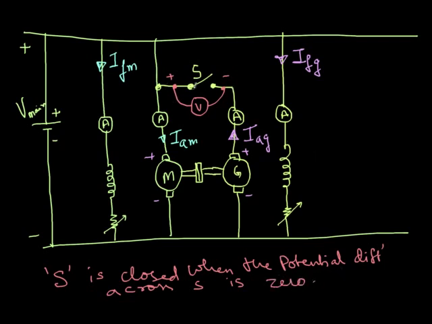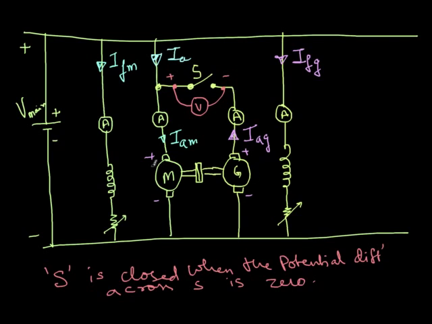When the potential difference across S is 0, the switch is closed. Now let's denote this current as IA. And let's call this VM because it will be easier to write.